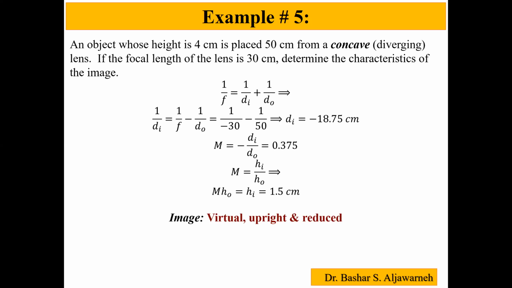Since we are talking about concave or diverging lens, the characteristics of the image should be, number 1, virtual. Number 2, upright. And from my calculations here, as you can see, the height of the image is less than the height of the object. Therefore, it should be reduced.